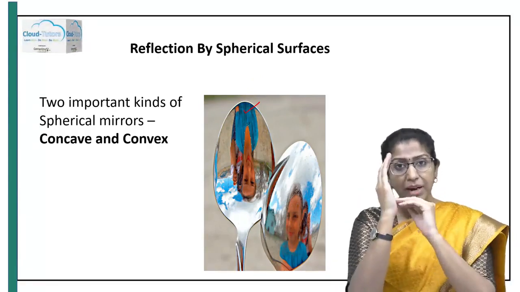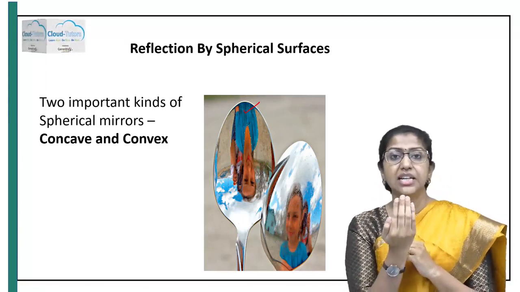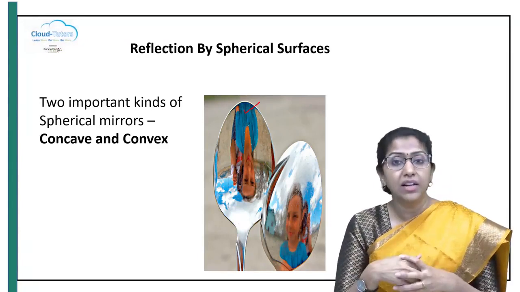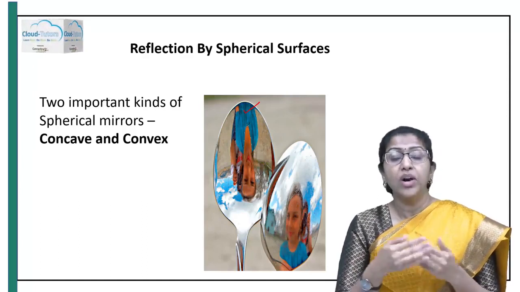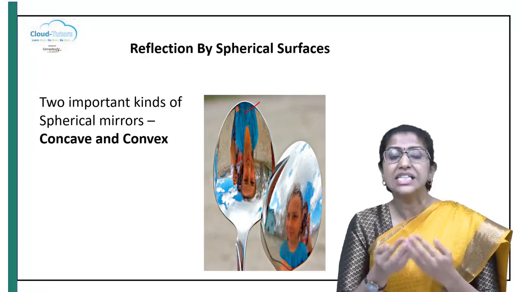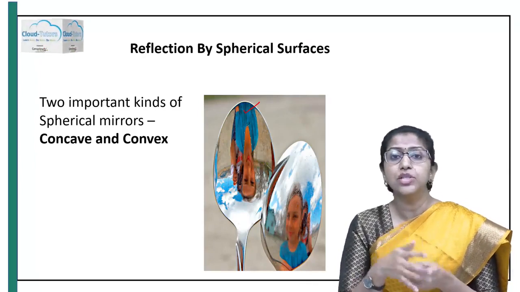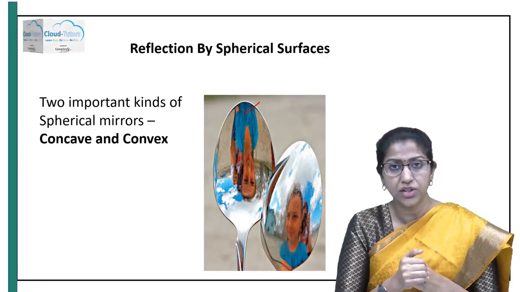The caved-in part of it is basically a concave surface and it is giving you a real and inverted image. What do we mean by real image? A real image is something which can be caught on a screen. What is a virtual image? That is what you see in a plane mirror. A plane mirror produces a virtual and erect image. Virtual images are always erect in nature.